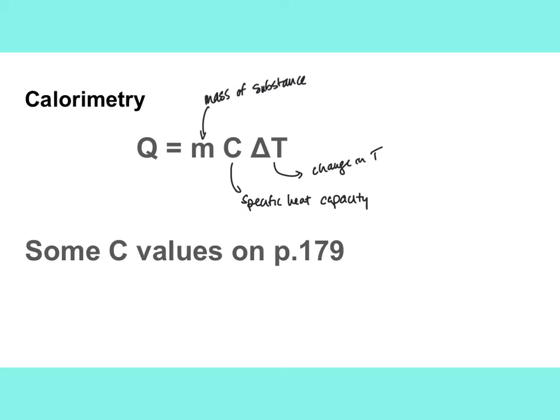Now, in your textbook on page 179, you will find a variety of specific heat capacity values listed. So it would be a good page for you to put a sticky note on and keep track of so that you can look up values as they become necessary.